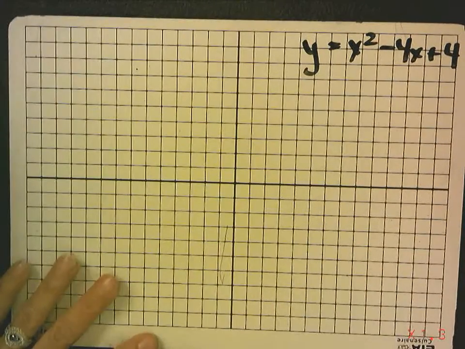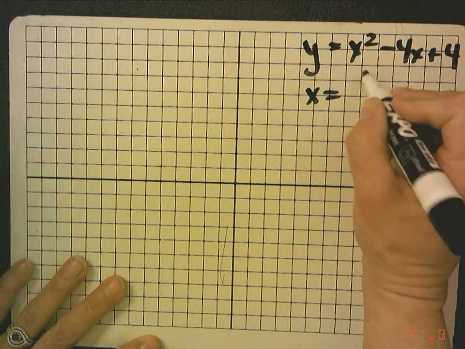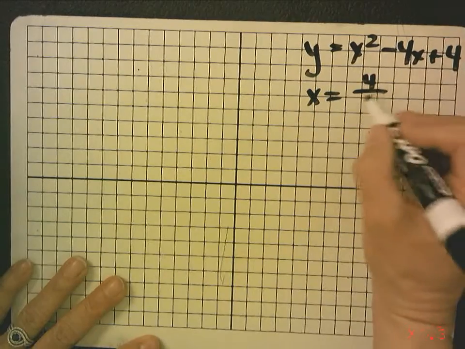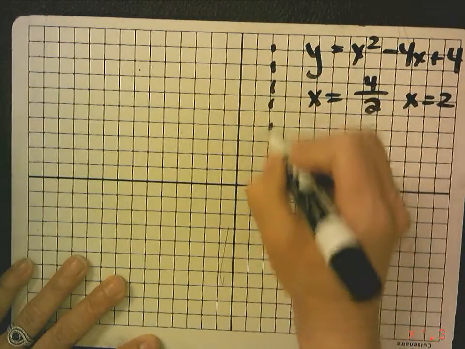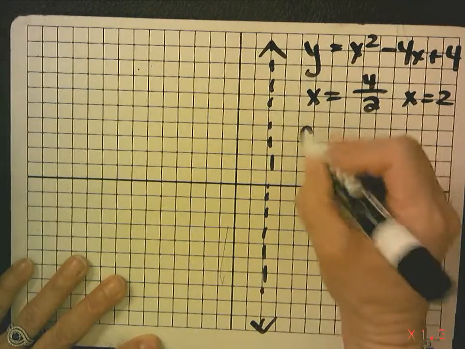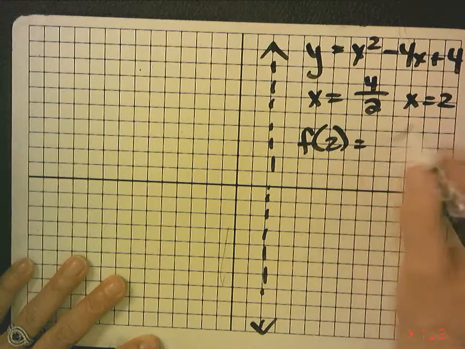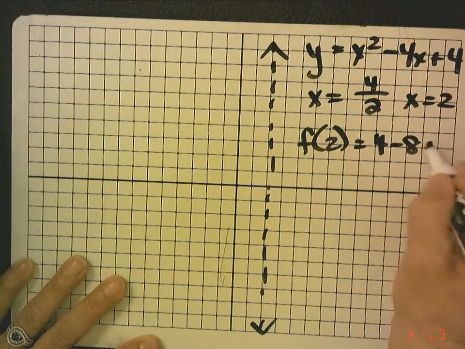Okay, so to graph this function, first I find the axis of symmetry. Negative b, negative 4 is positive 4 over 2a, so x equals 2. So I go to x equals 2, graph my axis of symmetry. I plug in f of 2. I get 2 squared is 4 minus 8 plus 4.